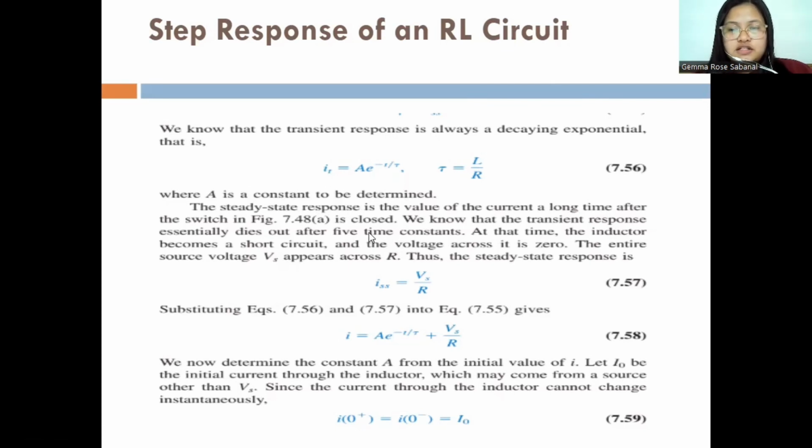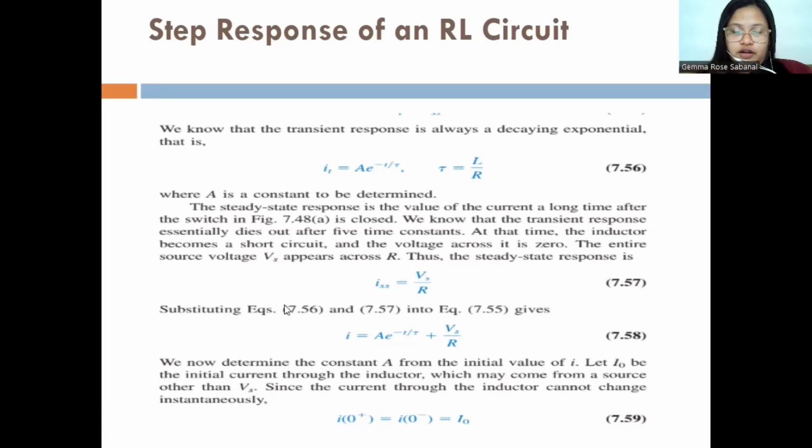We know that the transient response essentially dies out after 5 time constants. At that time, the inductor becomes a short circuit and the voltage across it is zero. The entire source voltage Vs appears across R. Thus, the steady state response is i_ss equals Vs over R.